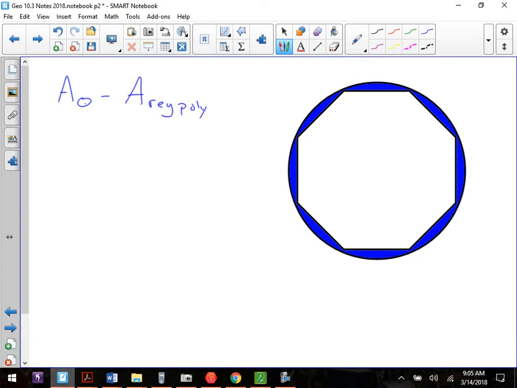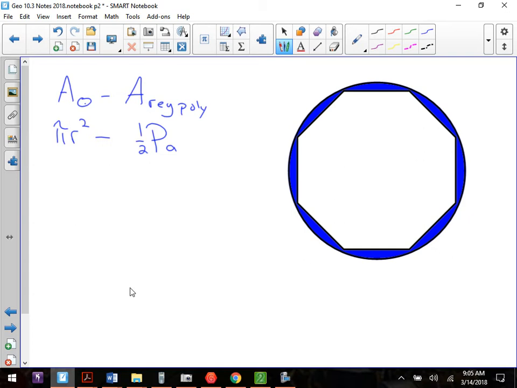So when I see shaded region, I initially write down what formulas I need to know. Well, circle, that's just pi r squared. The regular polygon would be 1/2 perimeter times apothem. Well, we need to figure out what information is being given to us.